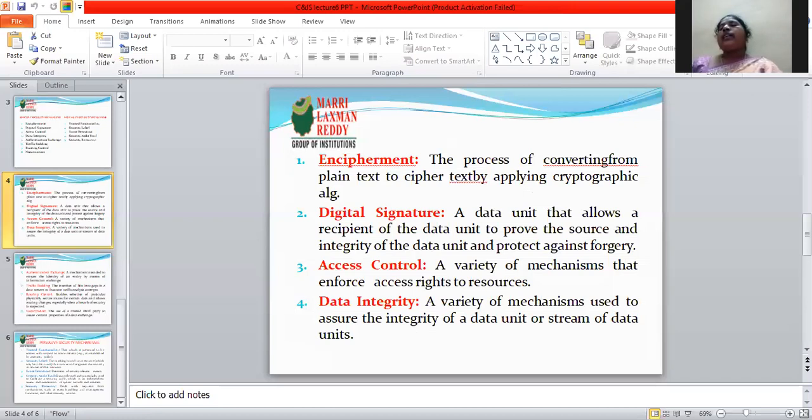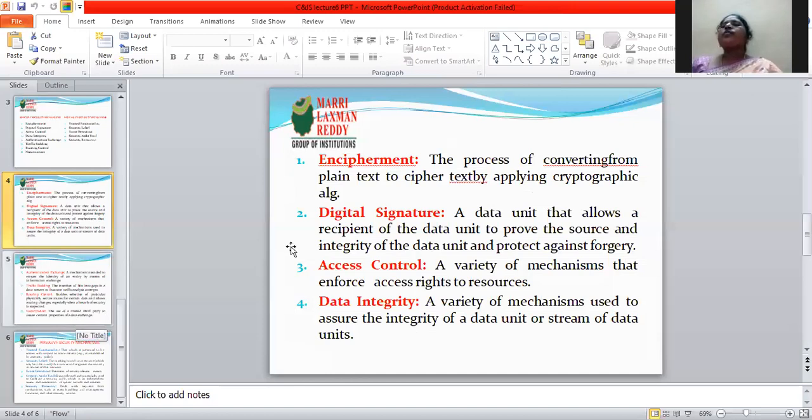And next one, data integrity. A variety of mechanisms used to assure the integrity of a data unit or stream of data units. That is data integrity. Here the integrity is assured.